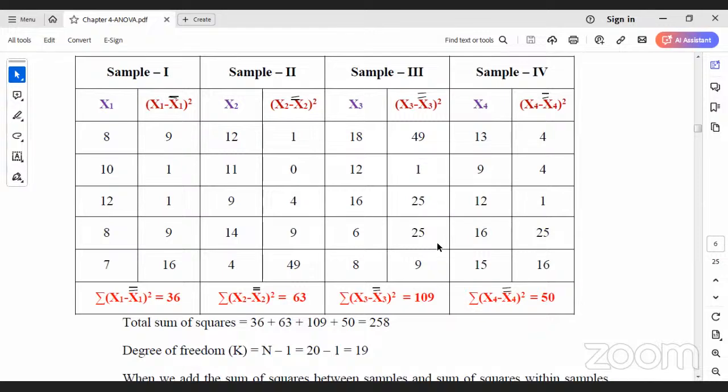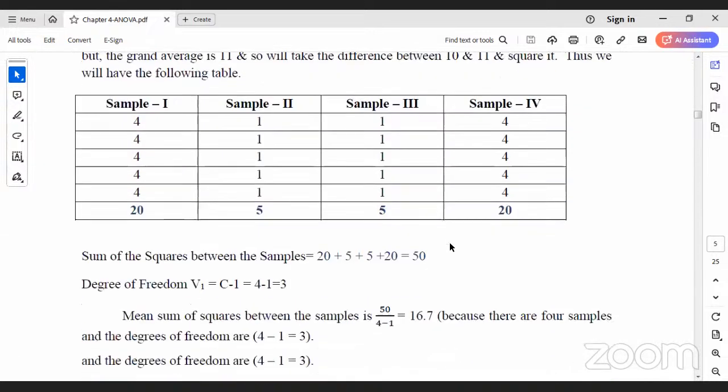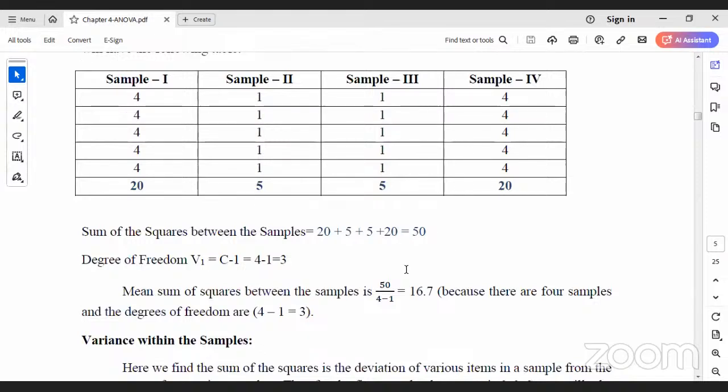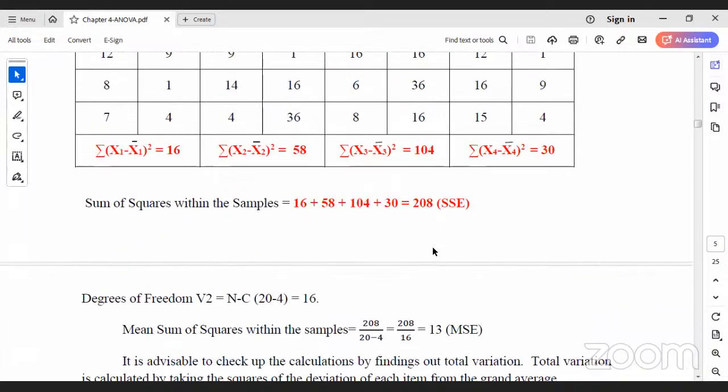So we're done here. You observe carefully. The first table, how much we got? 50, 5050, the totals. Then in the second table, we got 208. 50 is SSC value. So you have to remember the specimen.